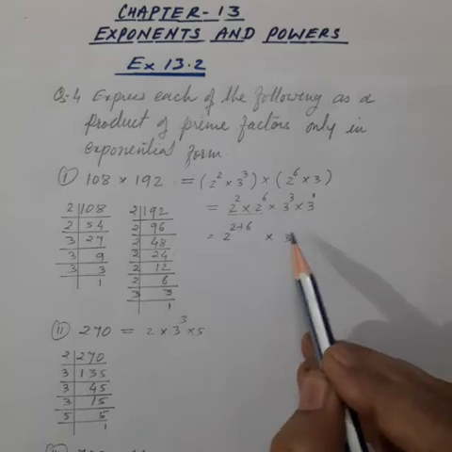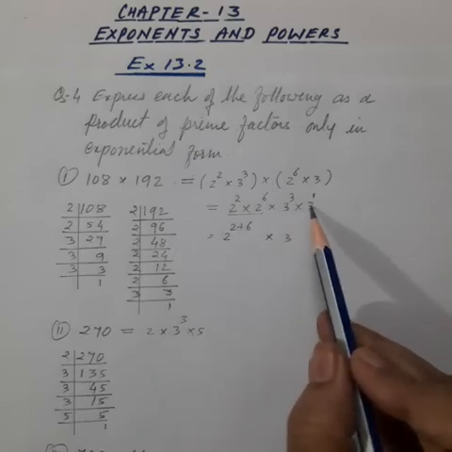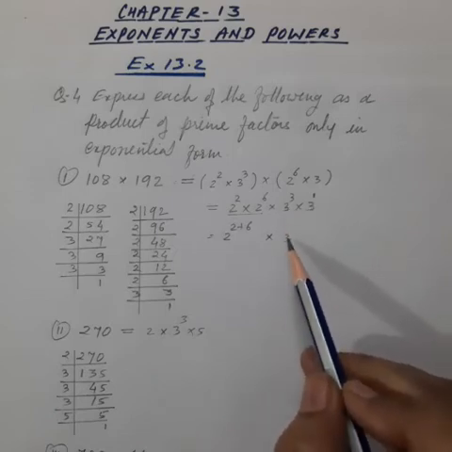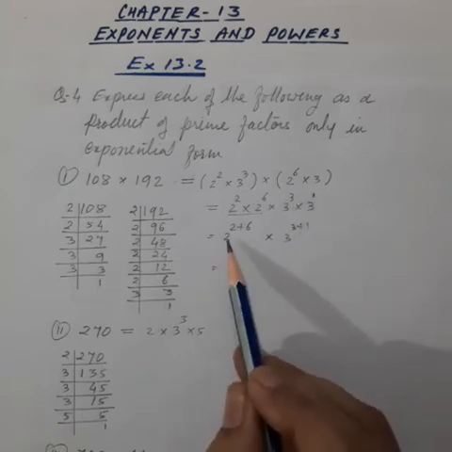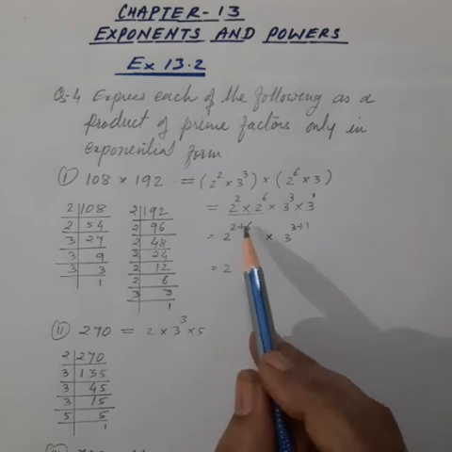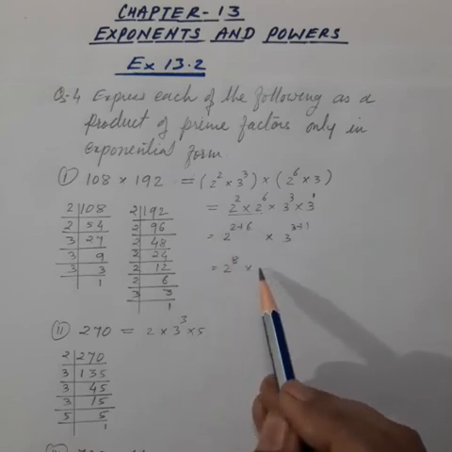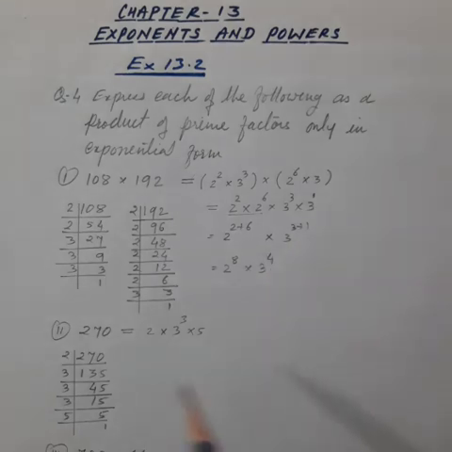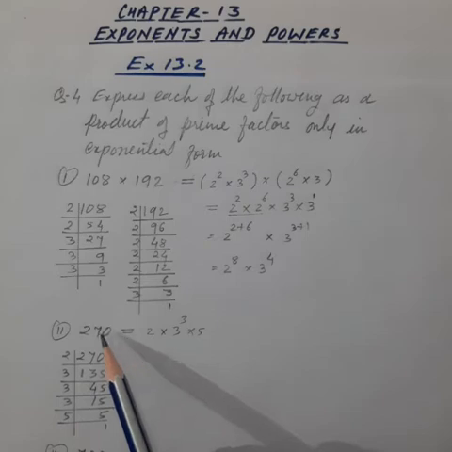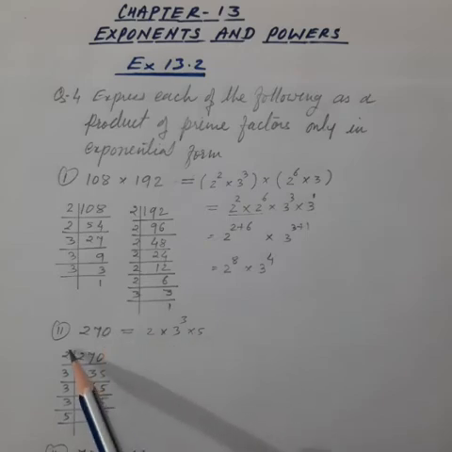Base is 3 here. Again it is the multiplication of two numbers with same bases. So take the base common and add their powers. 2 raised to the power 2 plus 6 is 8 into 3 raised to the power 3 plus 1 is 4.